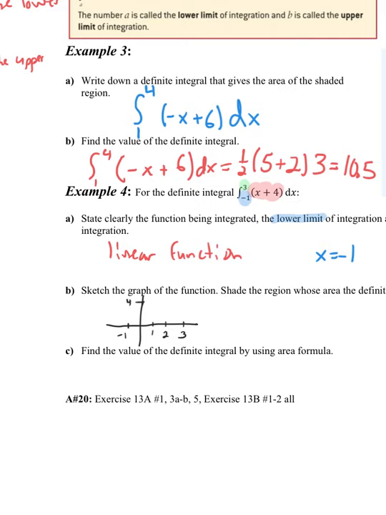Let's draw a line here, blue, looks something like this up to 3. Then we can draw the vertical area here and say here's our shaded region captured by the x-axis and the two functions. That's how we would sketch a quick graph of this x plus 4.